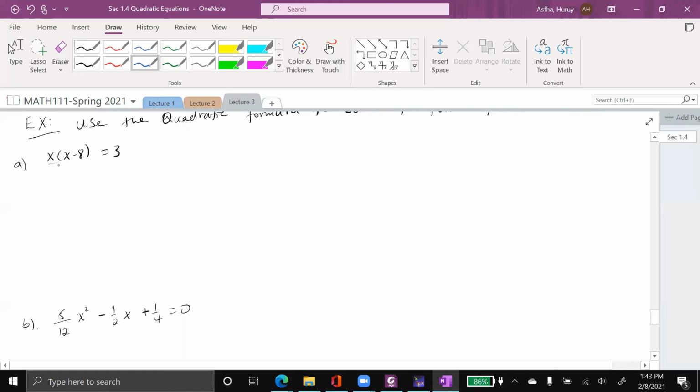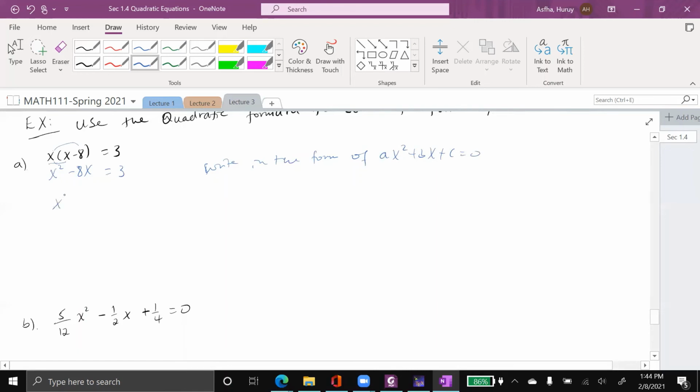We distribute this, and that becomes x squared, this times this, and this times this becomes negative 8x, equals 3. Now we have to write it in the form ax squared plus bx plus c equals 0, so that we can apply the formula.